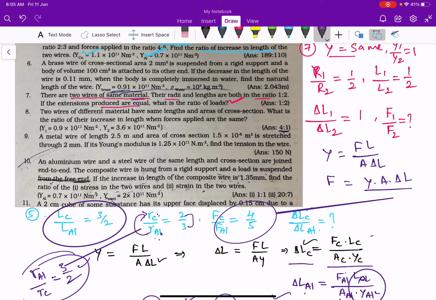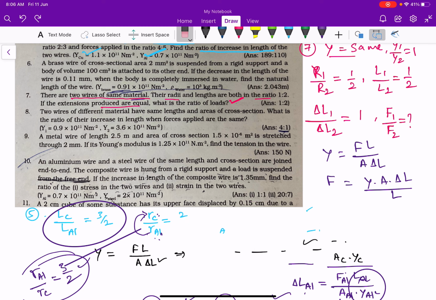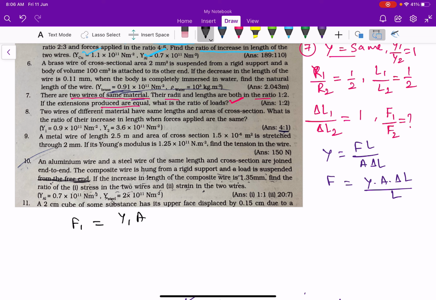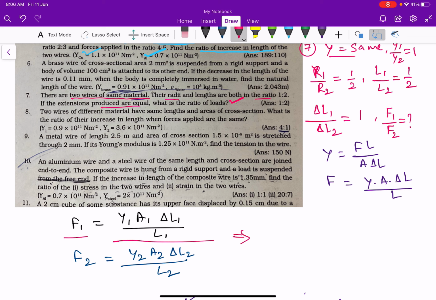From this you can find out the ratios. Again do the same practice here. Write the formula for F1. F1 is equal to Y1 A1 delta L1 by L1. Similarly, F2 is equal to Y2 A2 delta L2 by L2. Just take the ratio of these two.